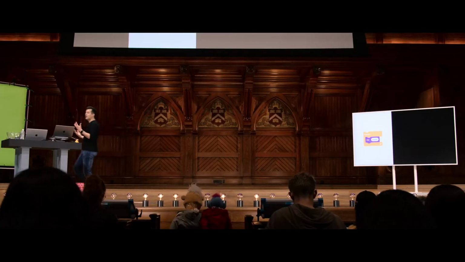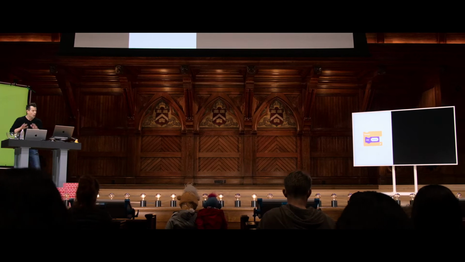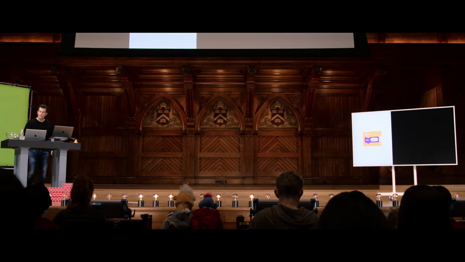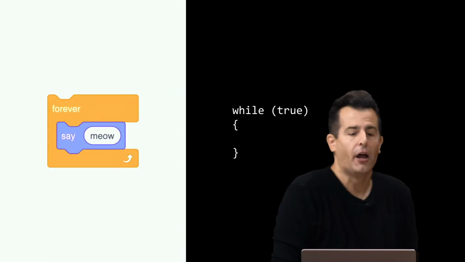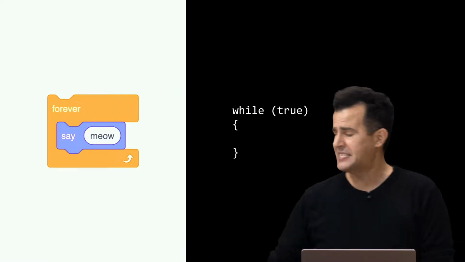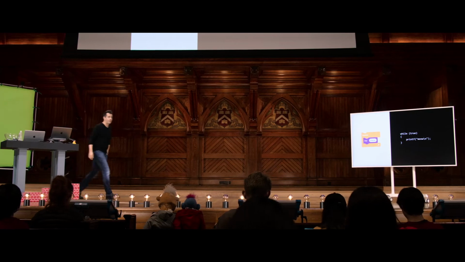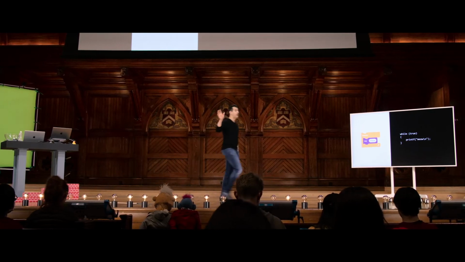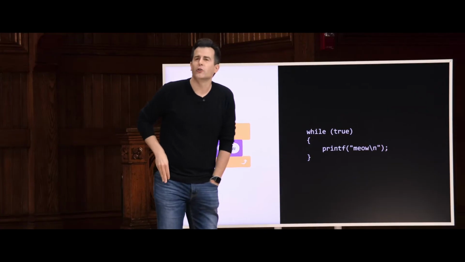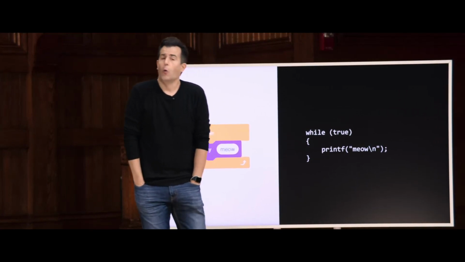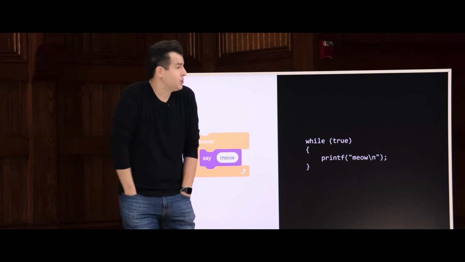And so there's so many examples where you might want to do something forever, just so you've seen the corresponding C building block. It's a little weird, but this is probably the most canonical way to do it in C. If you want to print meow forever, which would be a little crazy because it would literally take over your computer, you would generally do it like this. Why? Well, a while loop expects in parentheses a Boolean expression.